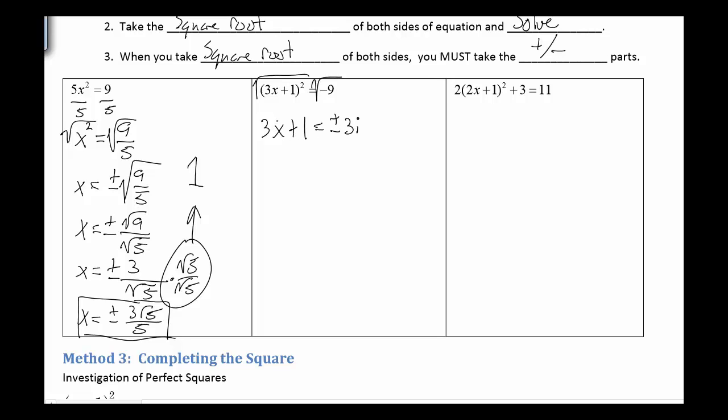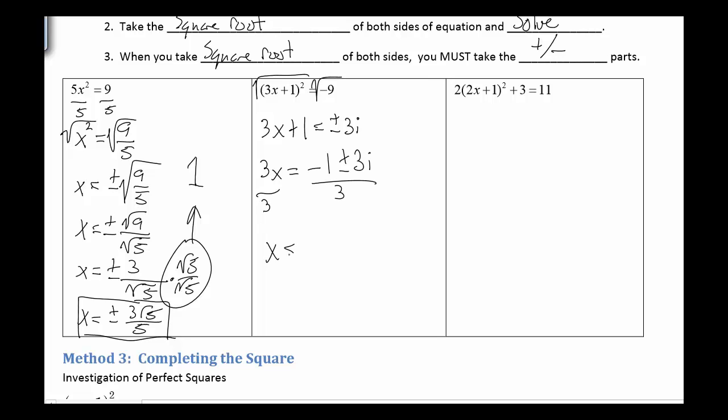And so then I want to solve for x. I want to subtract the 1 off, and then I want to divide both sides by 3.